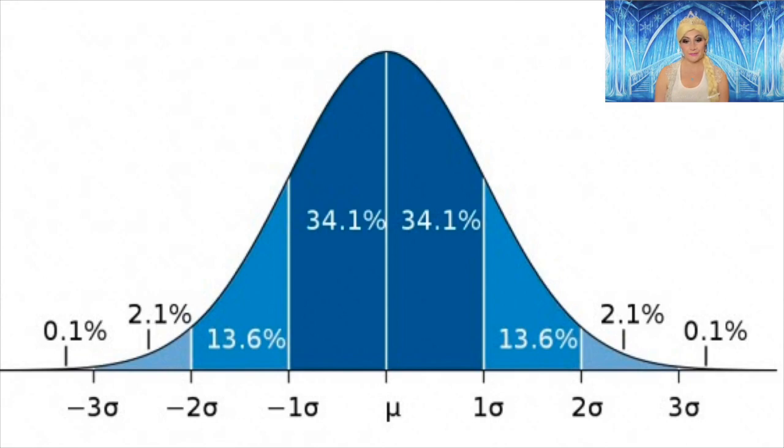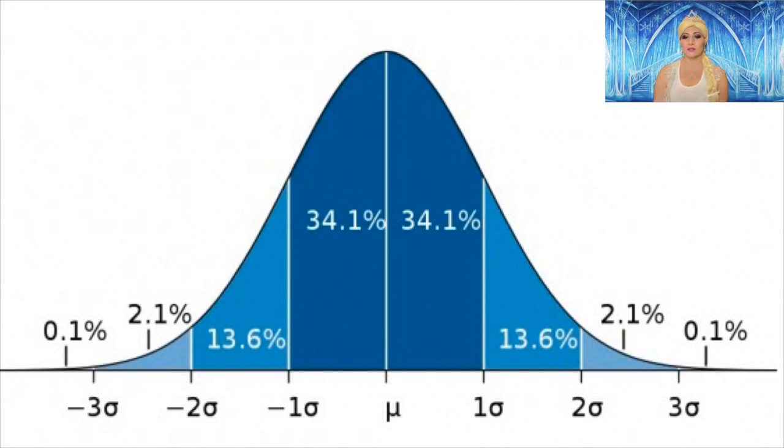As you continue going farther out along the extremes, you will notice that the scores that fall within 2 standard deviations above and 2 standard deviations below the mean are 13.6%. That is clearly less than 34%, which shouldn't surprise us because the majority of the scores are clustered around the mean.